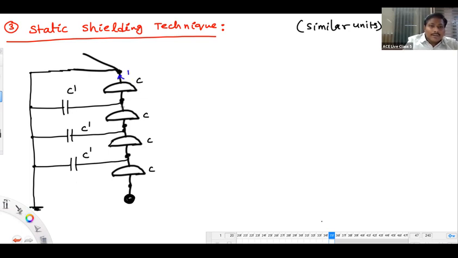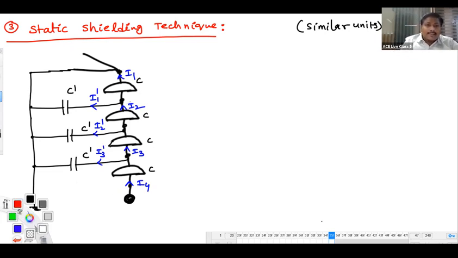And the shunt capacitance charging currents are I1 dash, I2 dash, I3 dash. And voltages across the disks, shown in blue color, are V1, V2, V3, V4.